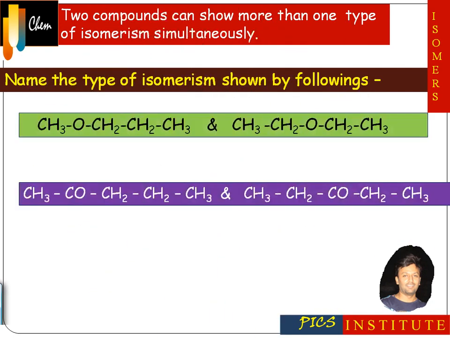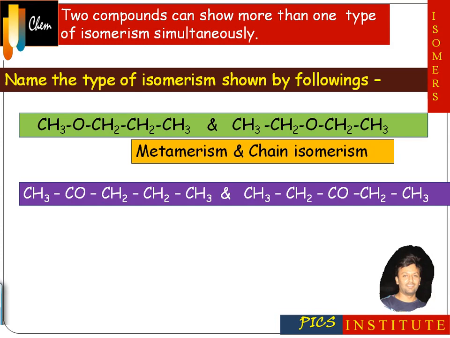For example, in these 2 cases, in the first case both compounds show metamerism because they possess different distribution of carbon around the functional group, and they are also chain isomers because in the first case the parent chain is of 3 carbon, in the second case it is of 2 carbon. So 2 compounds possess 2 types of isomerism, metamerism and chain isomerism.